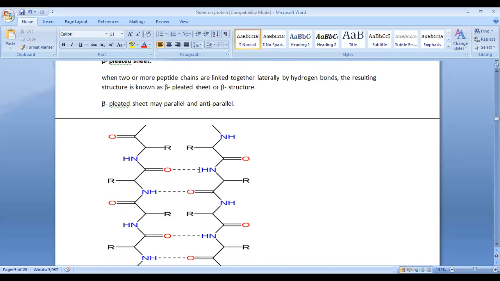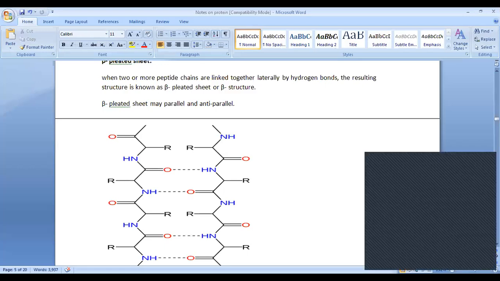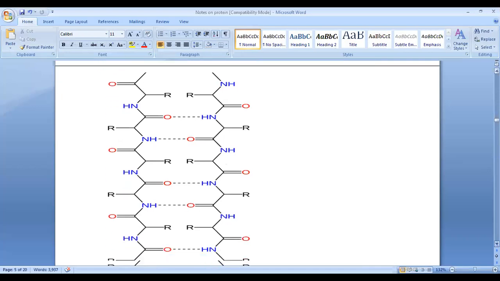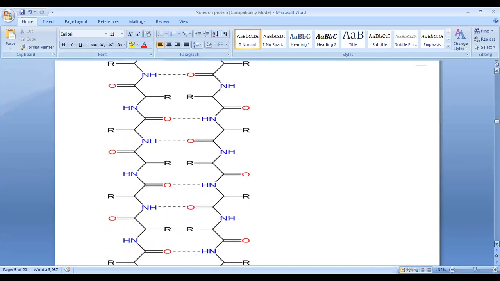You can see there is a hydrogen bond between this NH and CO. The NH of one polypeptide chain makes a bond with CO, and next to it you can assume there will be another polypeptide chain, and there will be a bond between this O and another NH, and this NH with another CO. This is why these are known as beta pleated sheet.